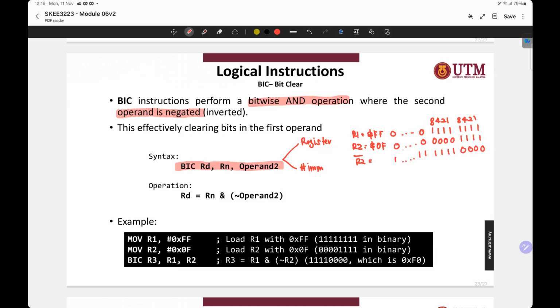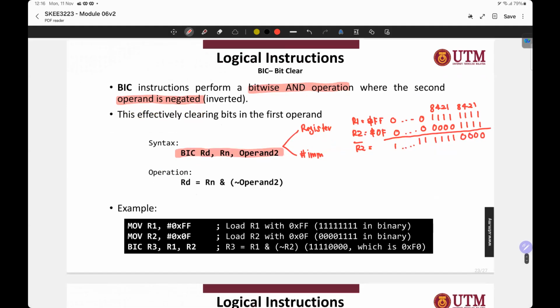Once you get the R2, then we do a logical AND with the R1. R1 is 0s until here, then 1, 1, 1, 1, 1, 1, 1, 1. You do a logical AND, then after that it will become 0 until here.